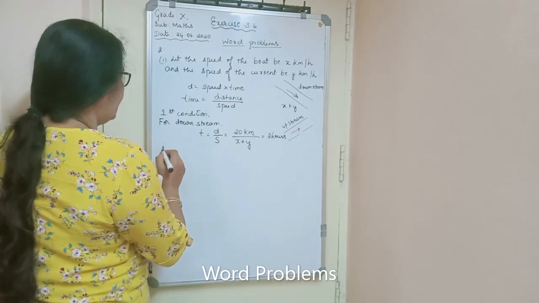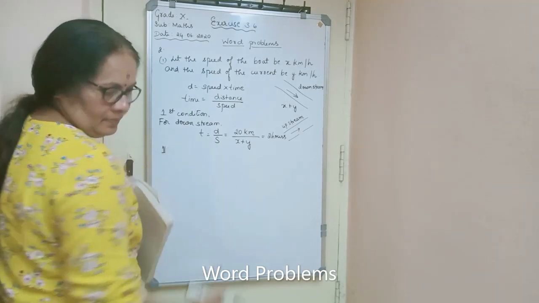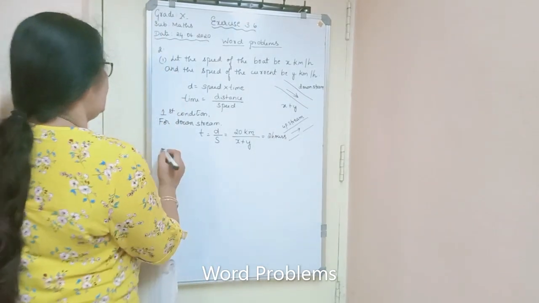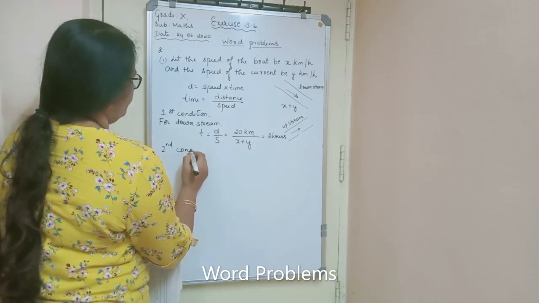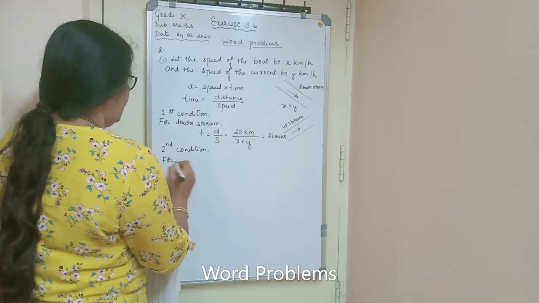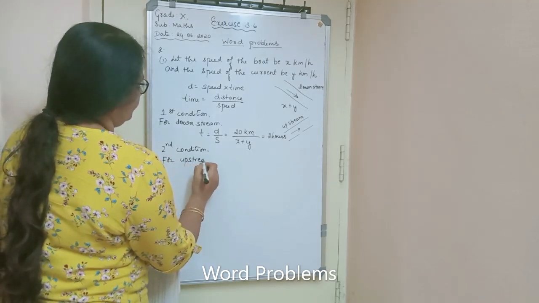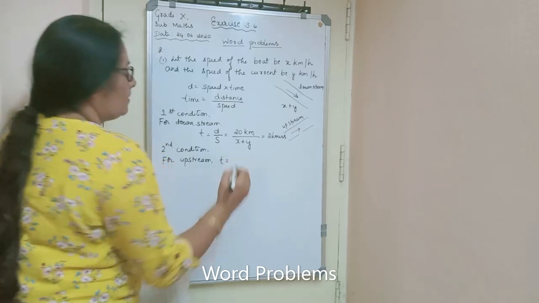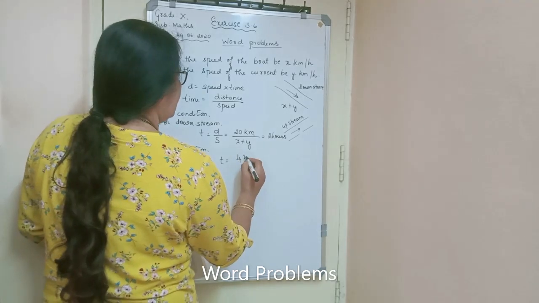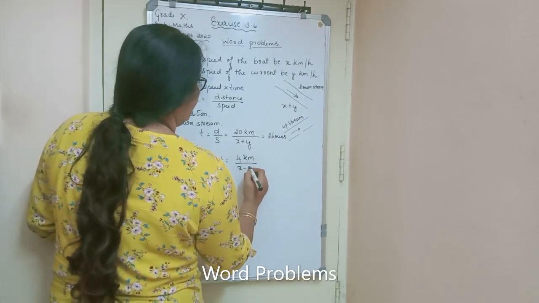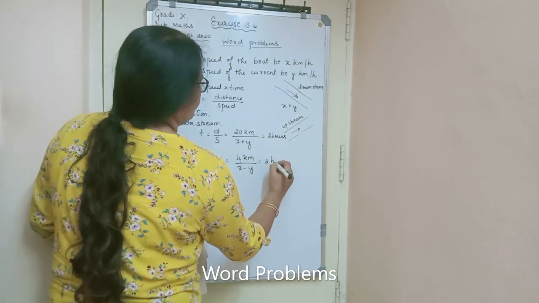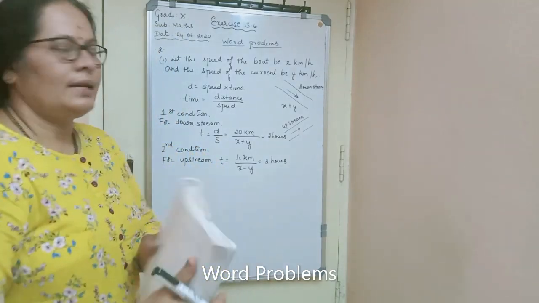Then for the second condition, this is upstream. Time equals distance upon speed, and the distance is 4 kilometer, and the speed is x minus y, which takes 2 hours. Once again I will repeat.